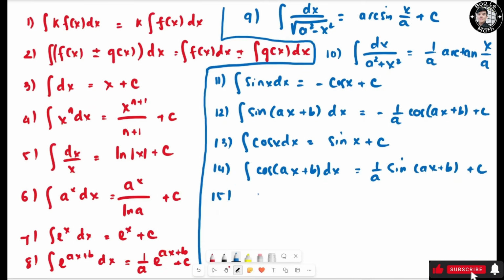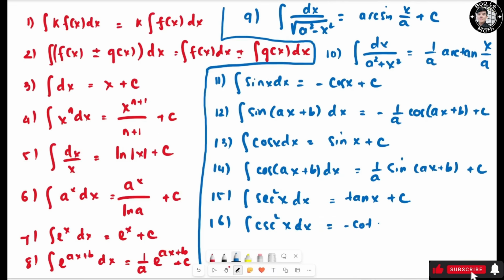Number 15, the antiderivative of secant squared s ds is tangent s plus c. Number 16, the antiderivative of cosecant squared s ds is negative cotangent s plus c.